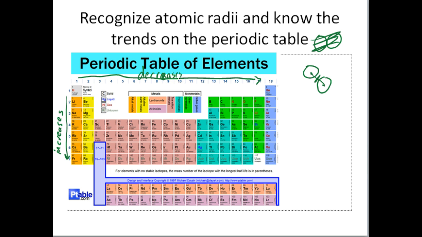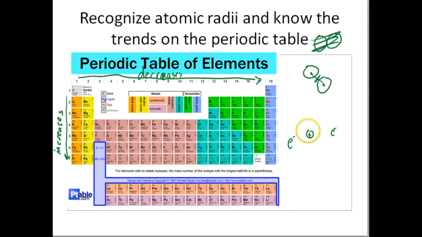And the reason has to do with the shielding of your non-valence electrons. What's happening as you go across here: your valence electrons are the electrons in the outermost shell, and the electrons in the non-valence shells are still important in that they come between your positively charged nucleus and your valence electrons, right?